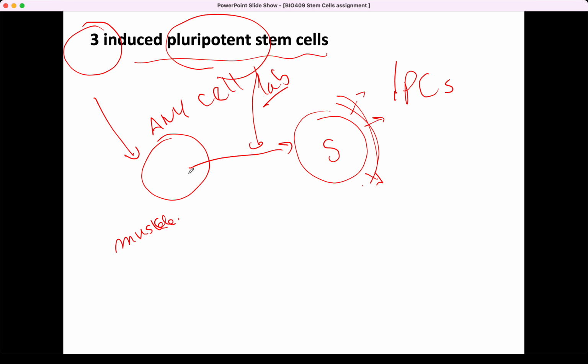So let's just think about two things right here, okay? What's it going to take to make an induced pluripotent stem cell out of a muscle cell? Really two things. It's a differentiated cell, and this is something we've emphasized since day one.